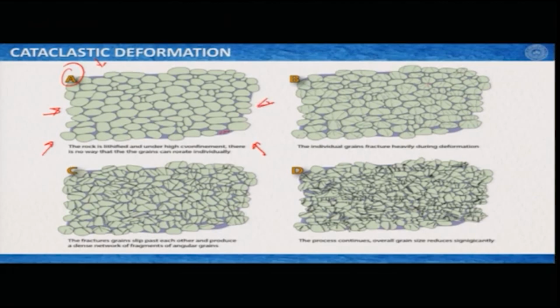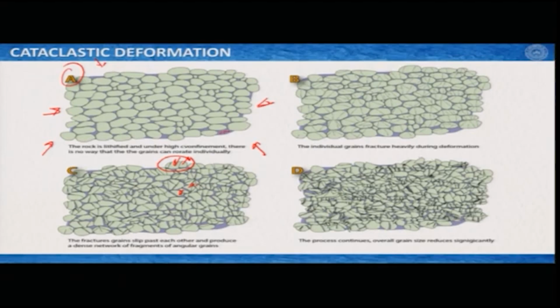So, they produce fractures within themselves, and then these fractures are easier to either open or slide. Here in this grain you can see that you have some sort of sliding going on, you have some sort of opening going on here and so on.